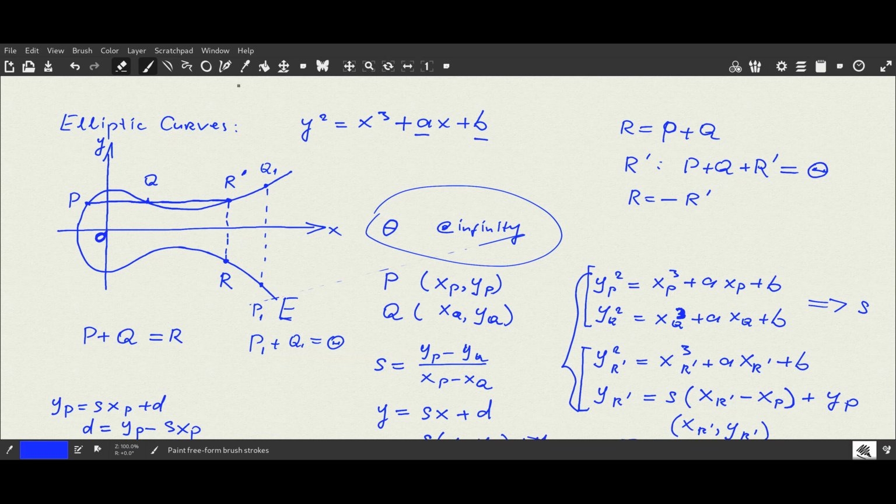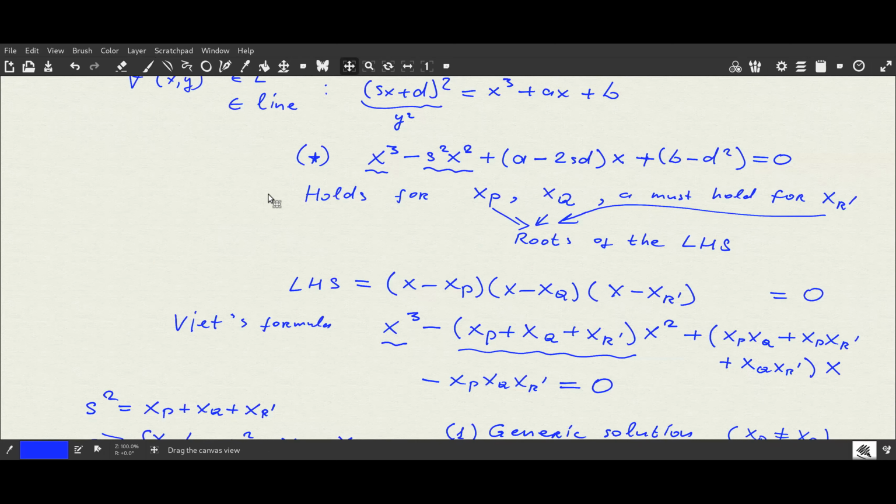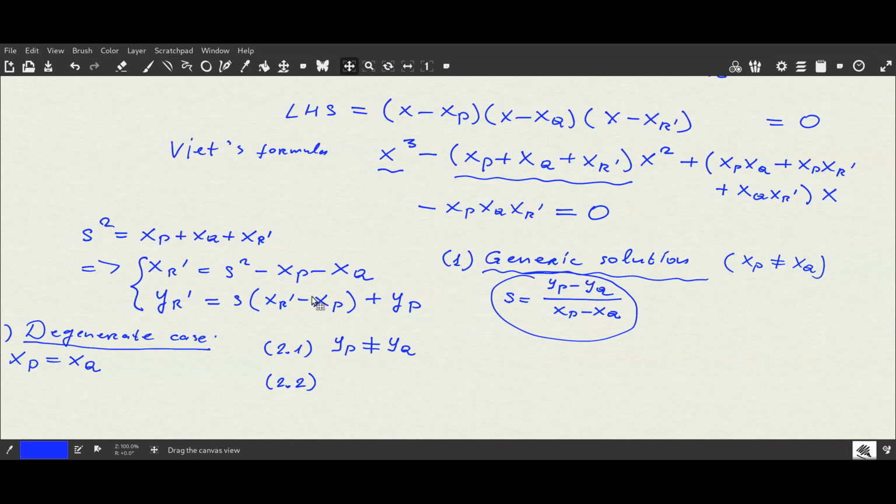So the infinitely remote point plays a role of algebraic 0 in our definition of elliptic curve addition. And indeed, with yp not equal to yq, the denominator is 0, the numerator is not 0, which really suggests that s equals infinity, which is consistent with the fact that p plus q, in this case, is theta at infinity.